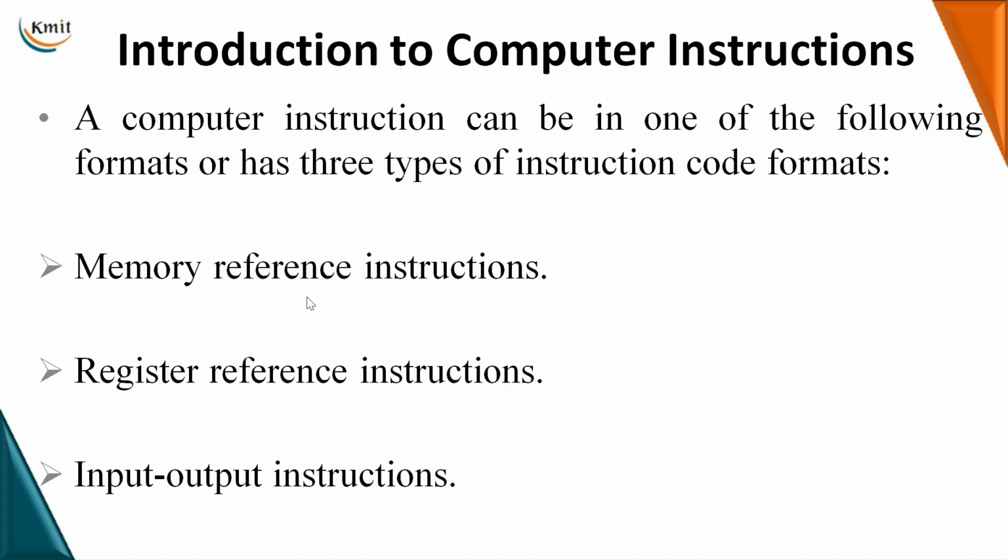In the previous discussion about instruction code, as I already told you, the instruction that has to be executed is present in the instruction register, which has a certain format, and the format contains mainly three parts: opcode, address, and mode bit, right? The opcode is 3 bits.